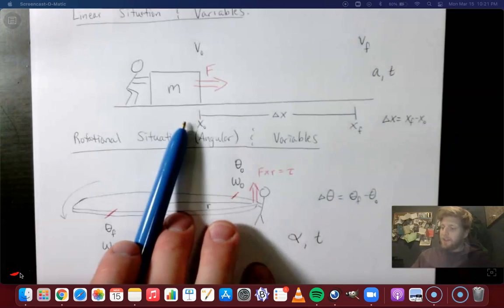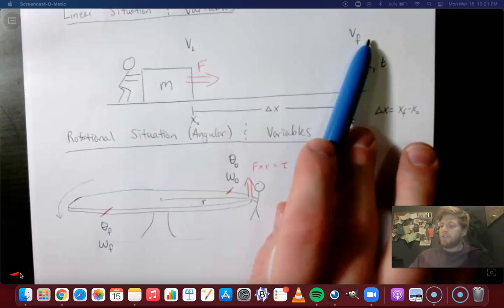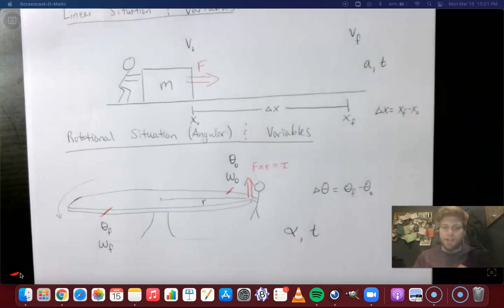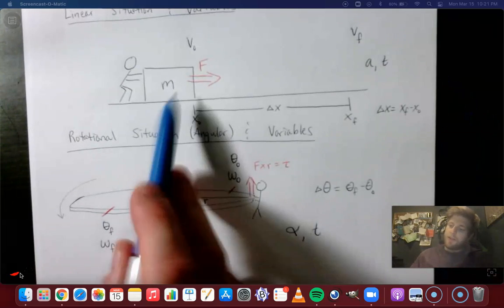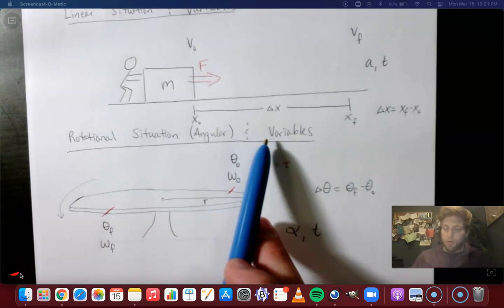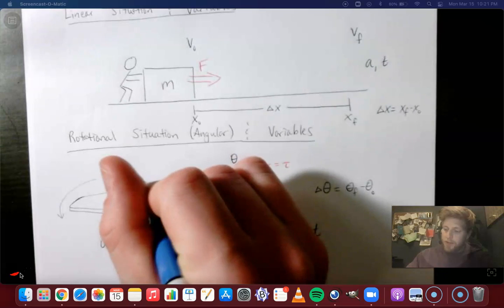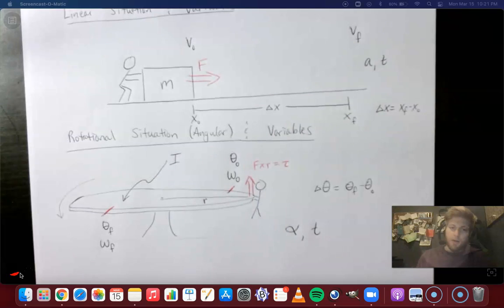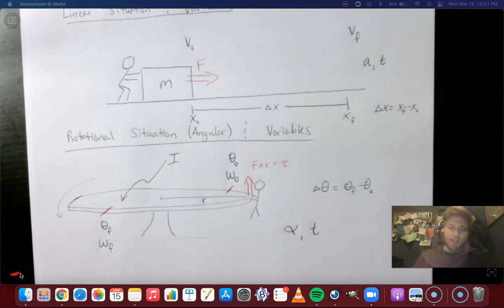We've got linear displacement, linear velocity, linear acceleration, just regular old time. We've got linear forces. The thing we've left out is what happens with mass if we try to apply a torque to it. And what we end up with is a new letter that we're going to use called I. That is what's called the moment of inertia.